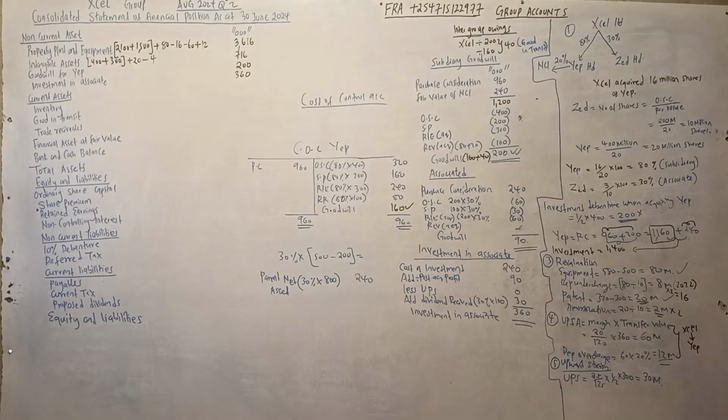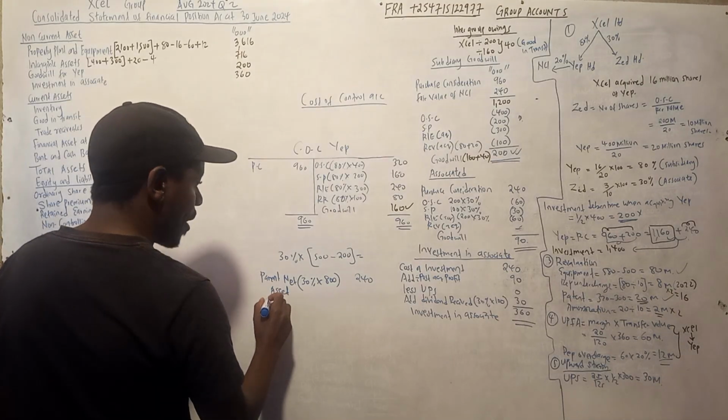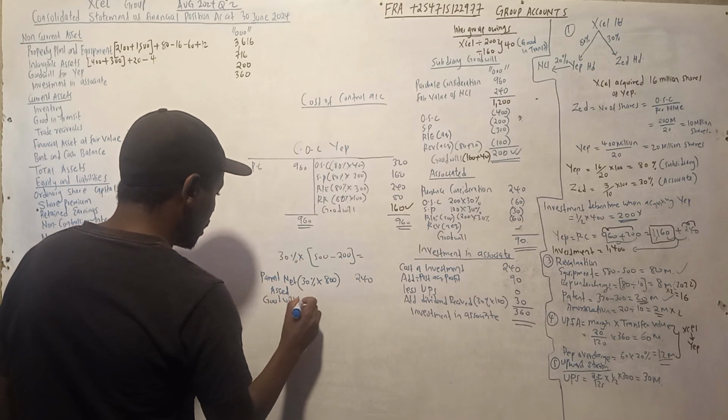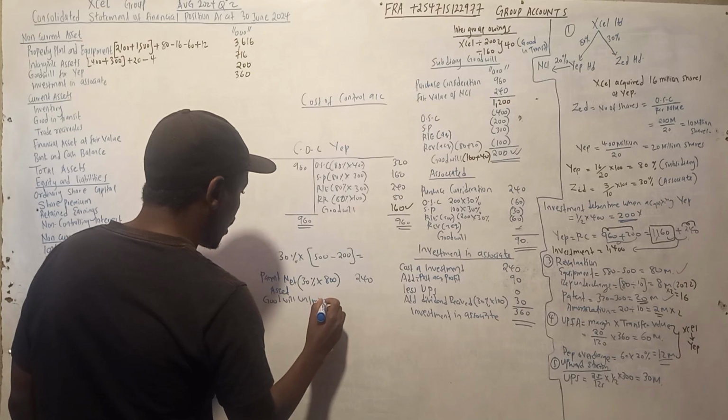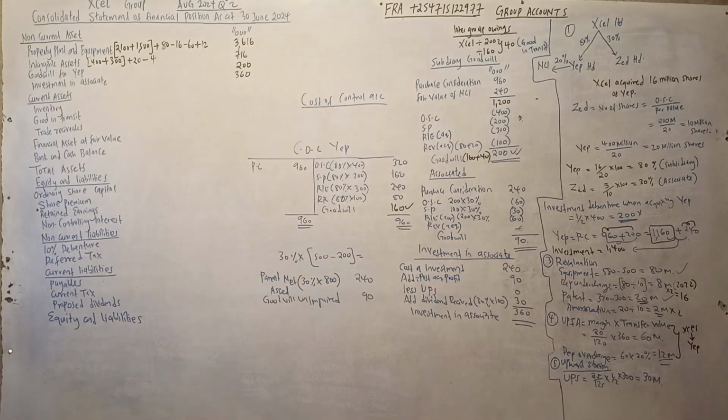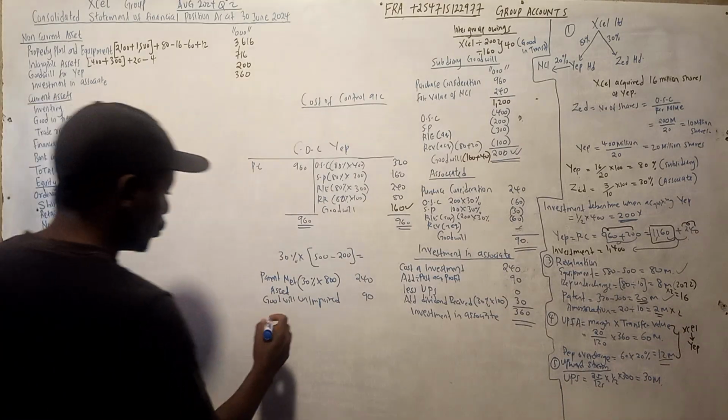And then we add the goodwill and impaired. We had it, I think it was 90. Then we add the dividend received because we have no UPS.